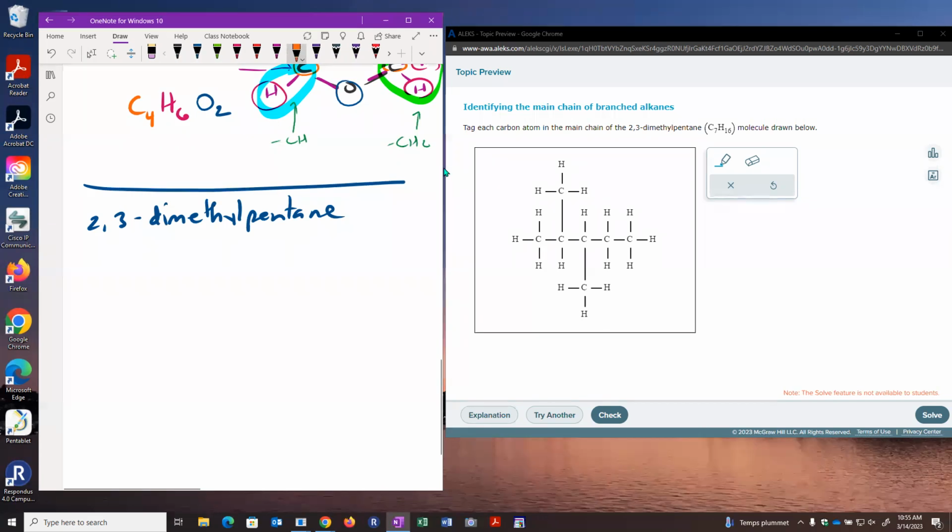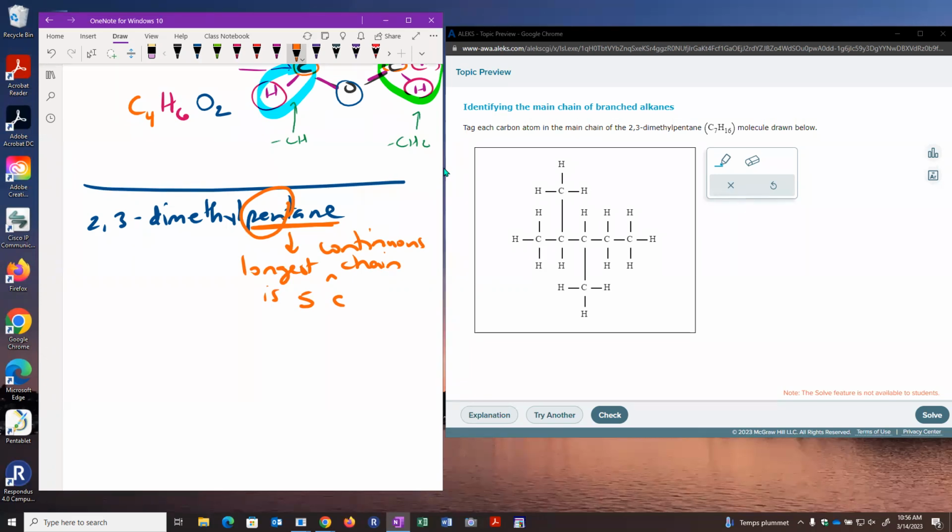And the last name actually tells you, so the pentane here tells you the longest continuous carbon chain is 5 carbons long, right? That's where the pent comes from. So we need to find the 5 carbons in a row. It doesn't have to be a straight line. It can snake around. It just needs to be 5 continuous carbons.